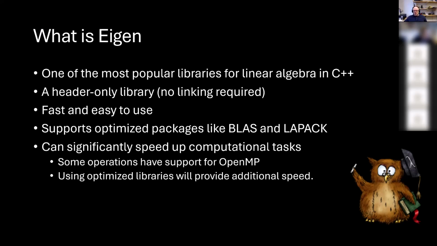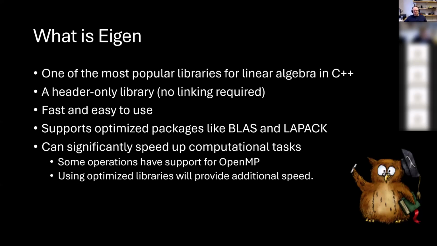It's fast and easy to use, so it enables some of the performance optimizations of C++ when you're using this library without you having to do a lot of the work. And as I said before, it supports optimized packages like BLAS and LAPACK. It also has support for OpenMP for a lot of the operations in Eigen.